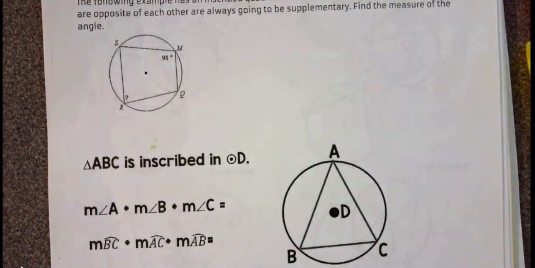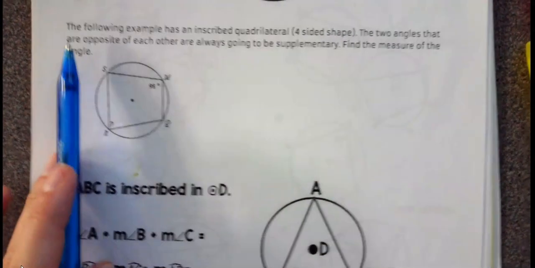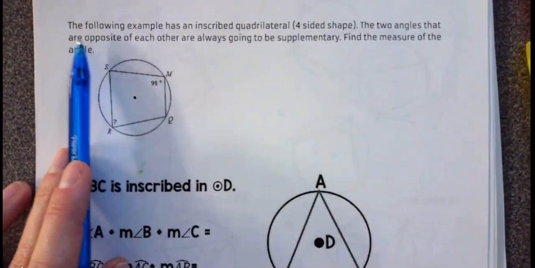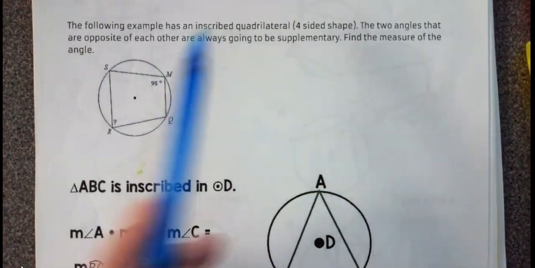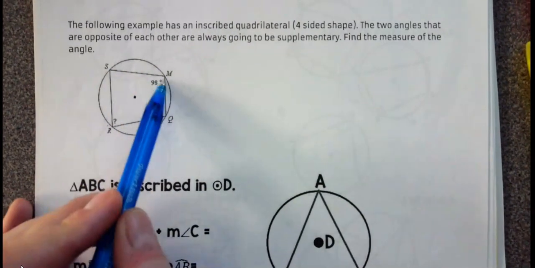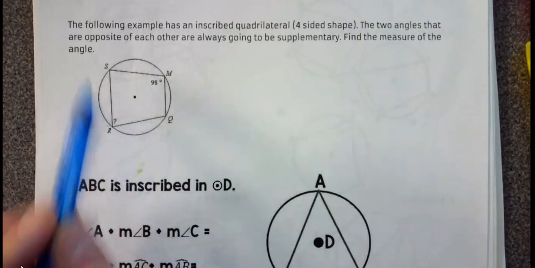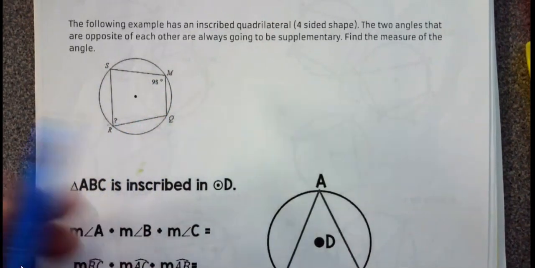All right, let's come down here. The rest of this page just has little shortcuts, and then the back page has the example problems. So we have an inscribed quadrilateral here. Inscribed meaning all of the vertices of this quadrilateral touch the circle.